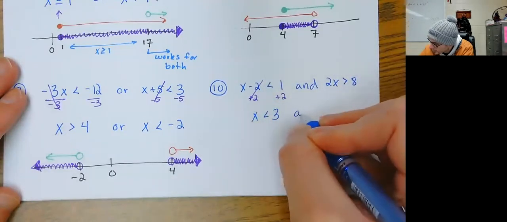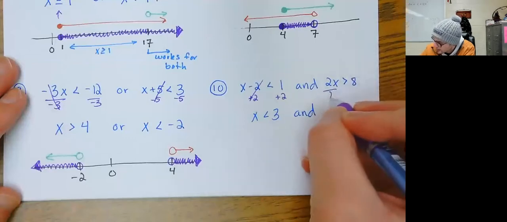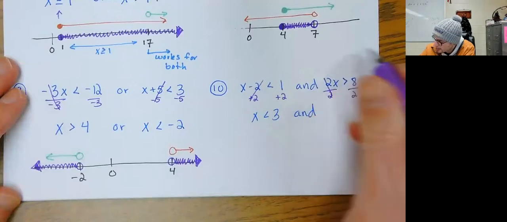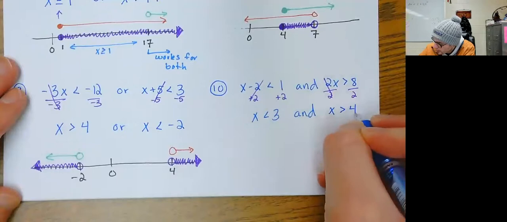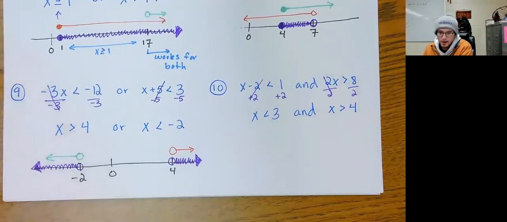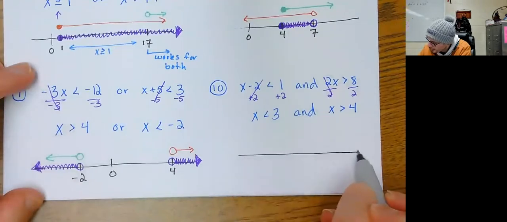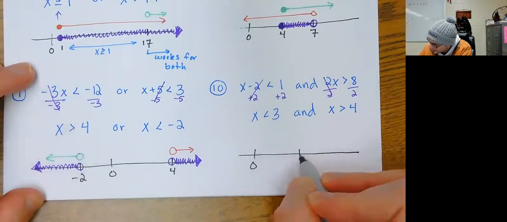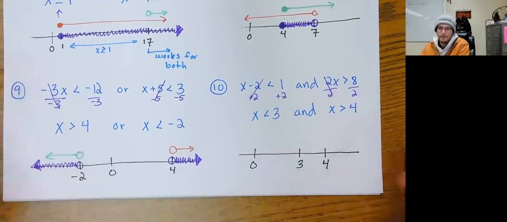Okay. And divide by 2 here, divide by 2 here. Get x is greater than 4 there. All right, we're going to get our number line going: 0, 3, 4.